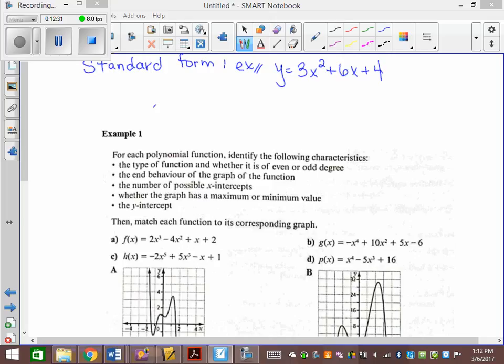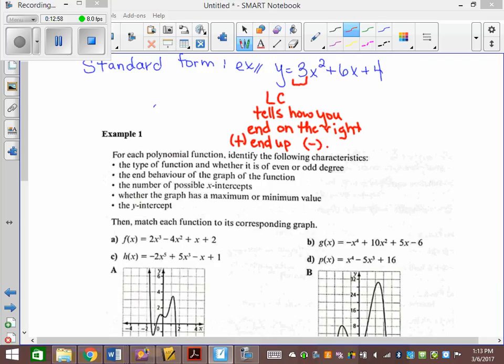Okay. If it's in standard form, your leading coefficient tells how you end on the right. Positive and up, negative and down.